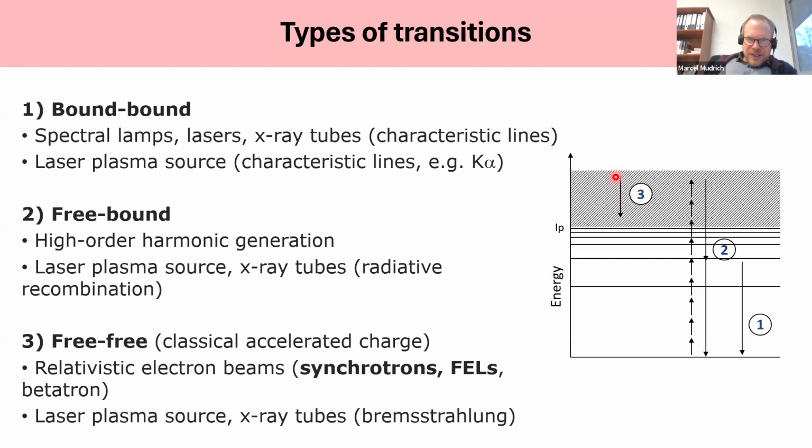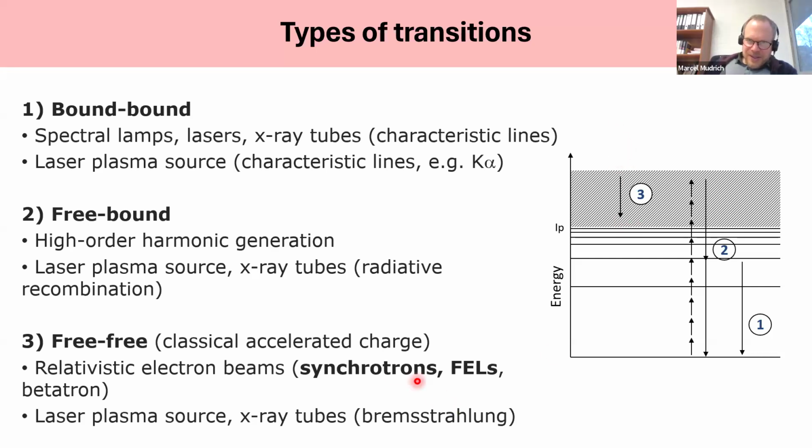Obviously, these types of transitions would offer much more freedom in controlling the wavelength or the photon energy, because all these bound and free-bound transitions are, at least partly, given by the characteristic energy levels, which are fixed by the specific atom or molecular system that we choose. But free transitions would be completely free to tune the photon energy.